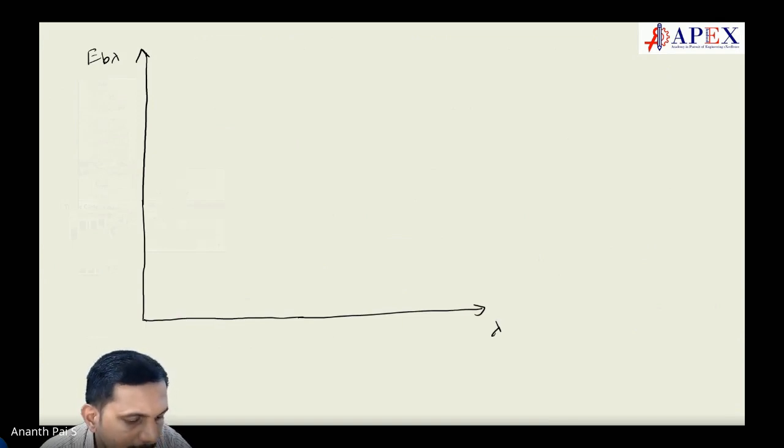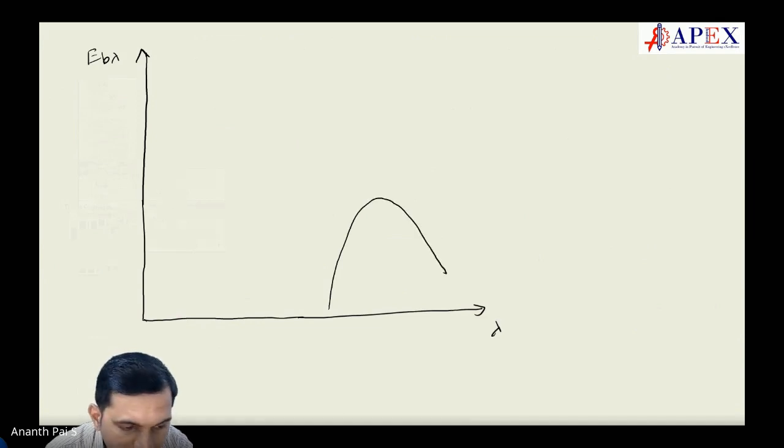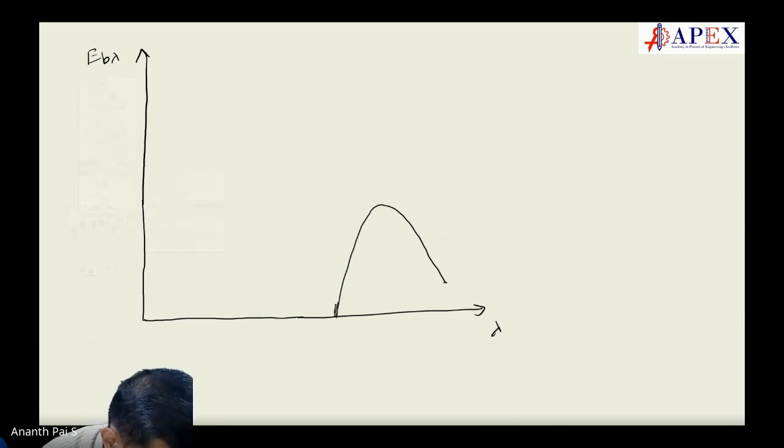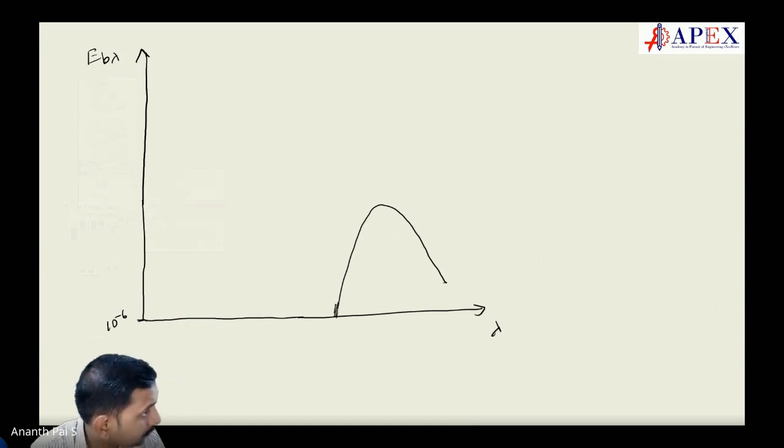Now what happens when the temperature is low, say around 100 Kelvin? Then it will be something like this. This is how the emissive power is, more on this side. It is around, say, 10 power minus 6, not 0. Zero is down somewhere.